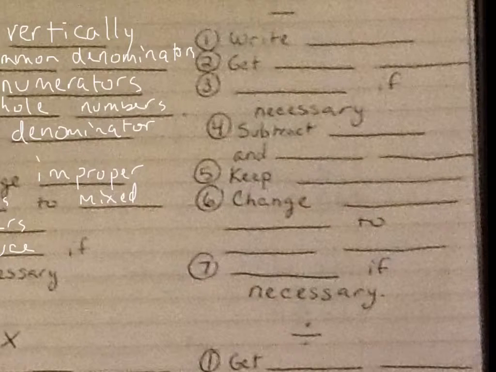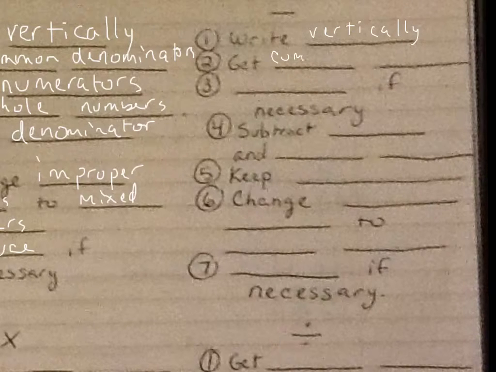Okay, it's pretty close to the same thing actually, for subtracting as it was for adding. So first we're going to write vertically. Then we're going to get common denominators just like in adding.